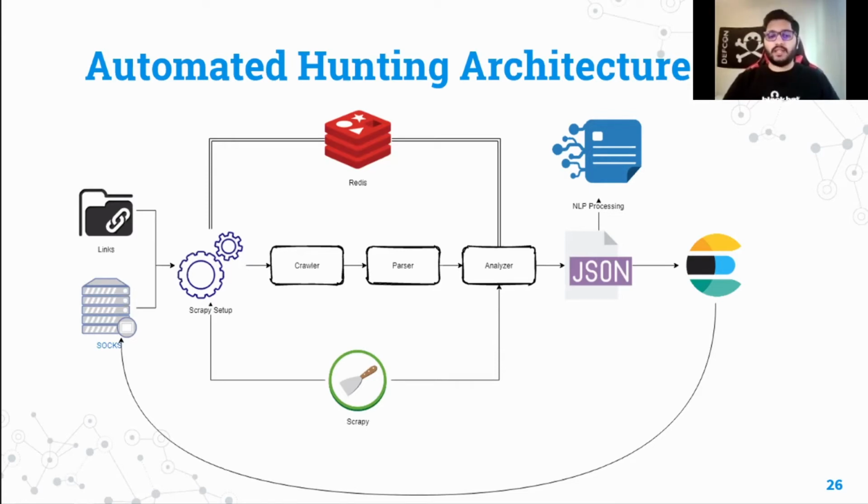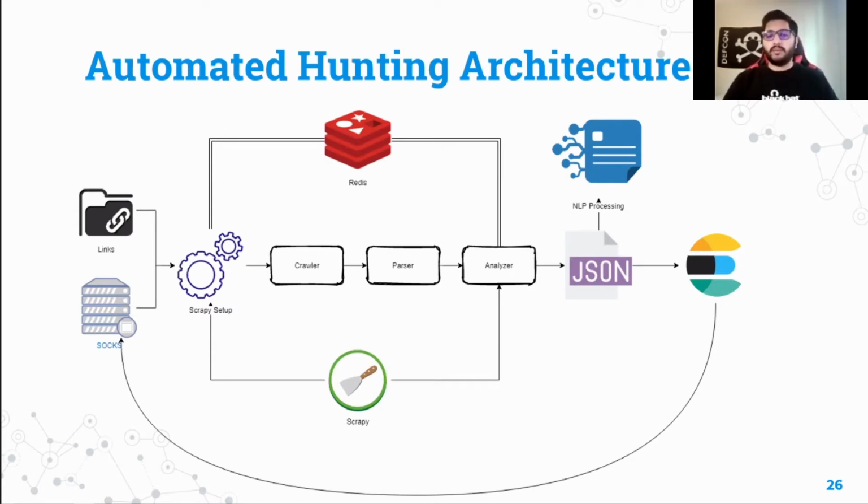Starting with links, you would want forum links, dump shop links, or marketplace links before starting your hunting. Another thing you need is a socks proxy, because you are taking your Tor route through socks. You can get these links and socks proxies easily through automated scripts.